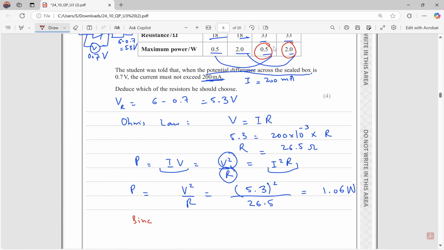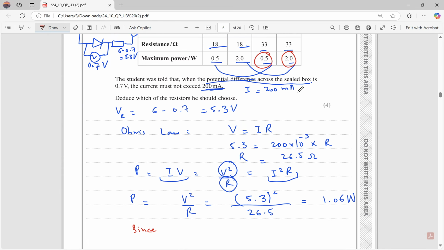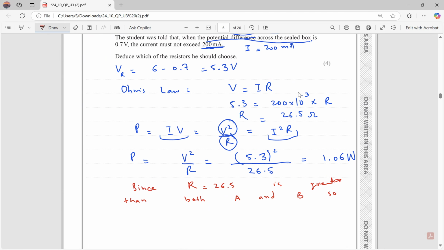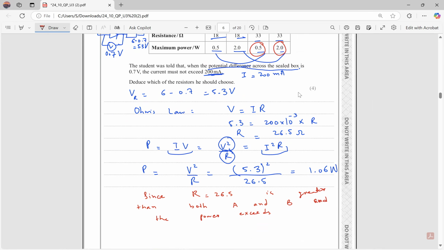Since the resistance 26.5 is greater than both A and B, and the power exceeds 0.5 watts, the correct answer is resistor D. So that's how you do this.